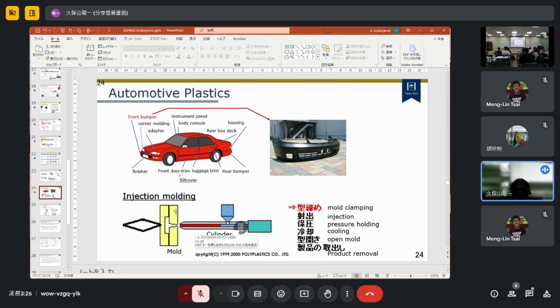So this is a metal mold, and normally the temperature of the metal mold is lower than the crystallization temperature. So when the sample is injected into the mold, the sample becomes solid and is easily removed from the mold.